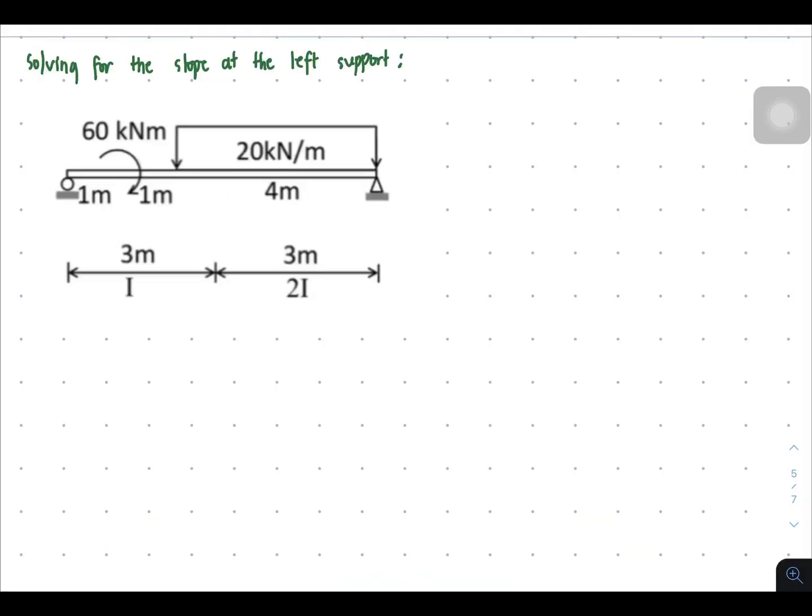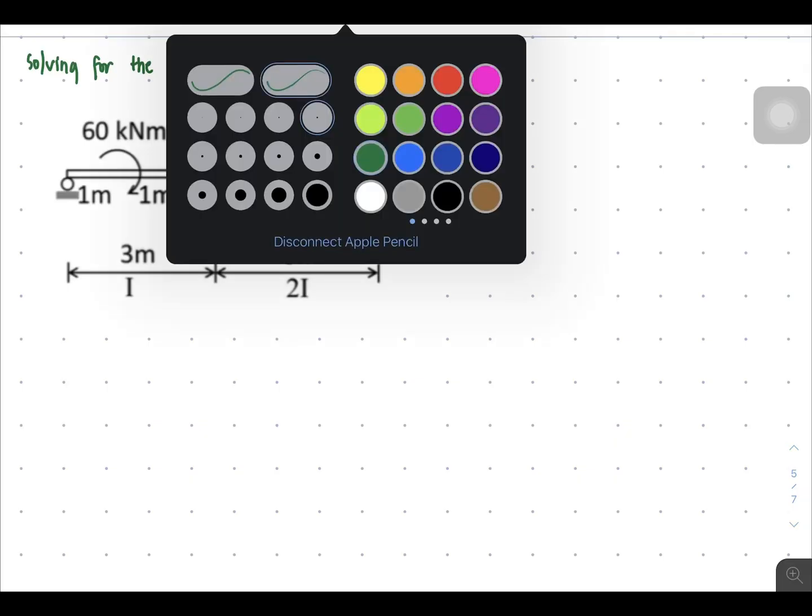Okay, next. So continue to our still the same problem, but this time we're going to solve for, oh no, same item but different problem. We're going to be solving for the slope at the left support.